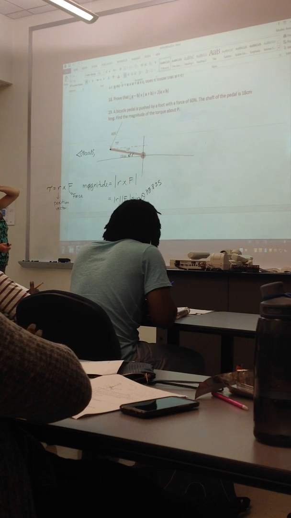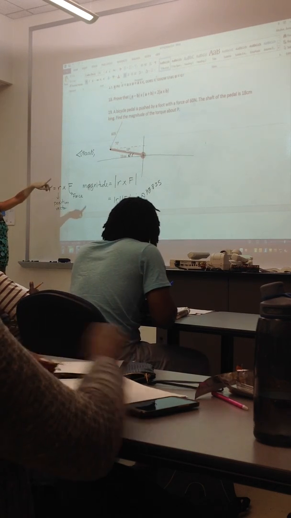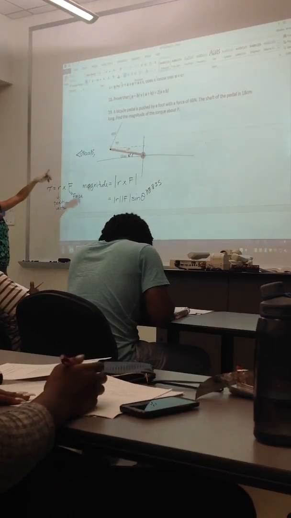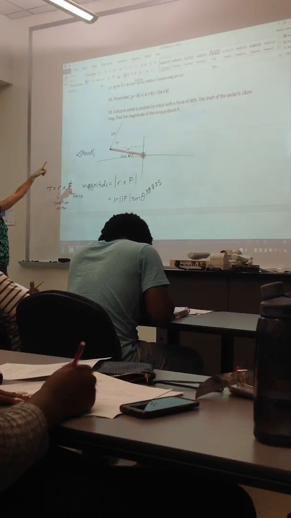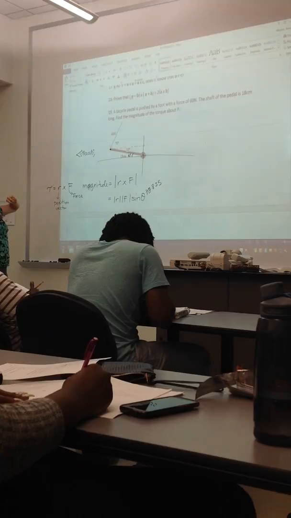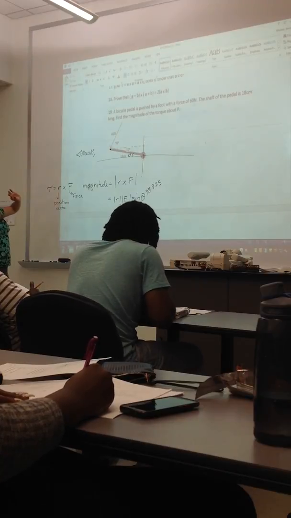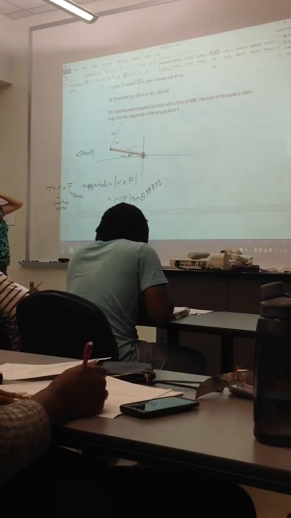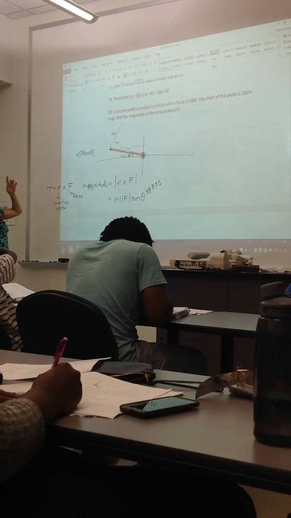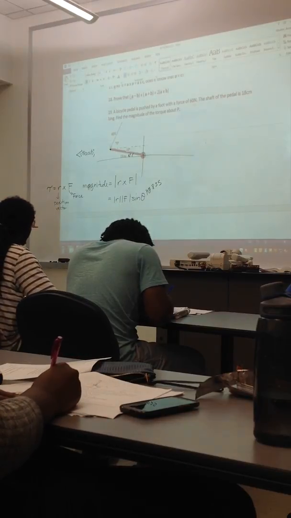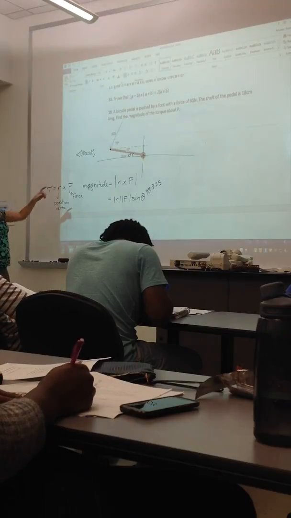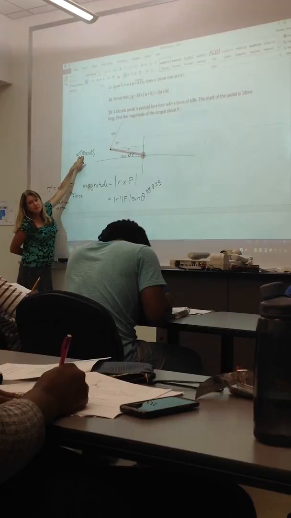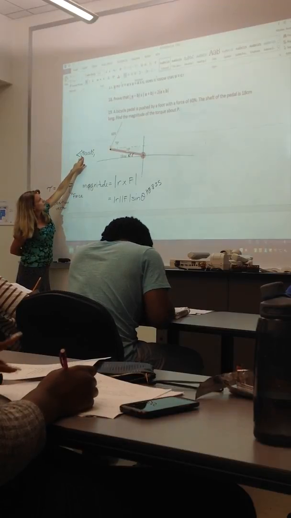What Warren is pointing out is that the length of the pedal shaft is 18 centimeters, but they've given us the force in newtons, and in scientific units you should have your measurement in meters, not centimeters. So 18 centimeters is 0.18 of a meter. That's what he was bringing up.